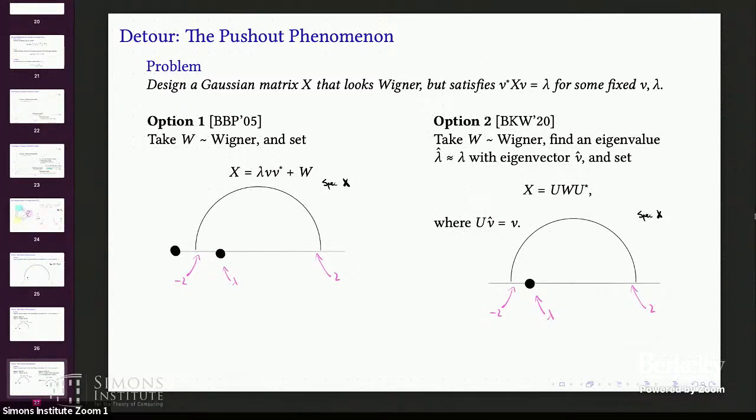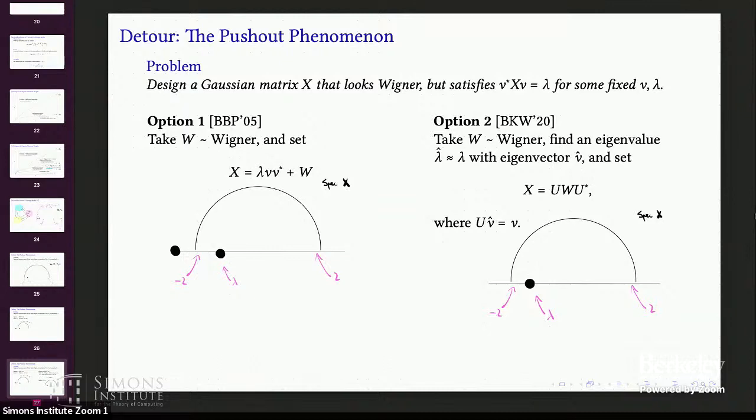which is the following. So again, you can sample a Wigner matrix, but instead of just doing this crass add a rank one matrix thing, what you're going to do is go to your number lambda that you want. The eigenvalues of this Wigner matrix you sampled are pretty nicely distributed in this interval -2 to 2.